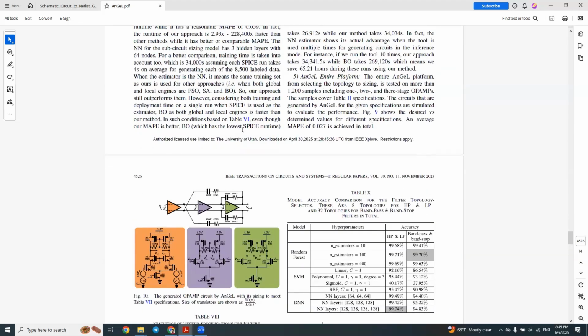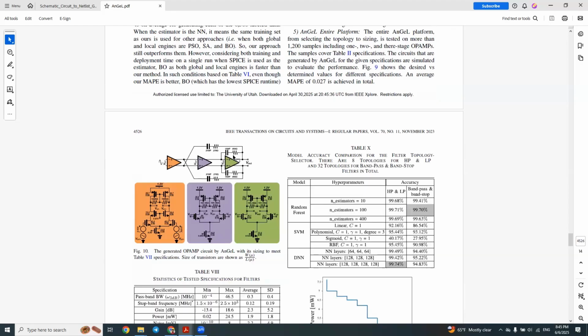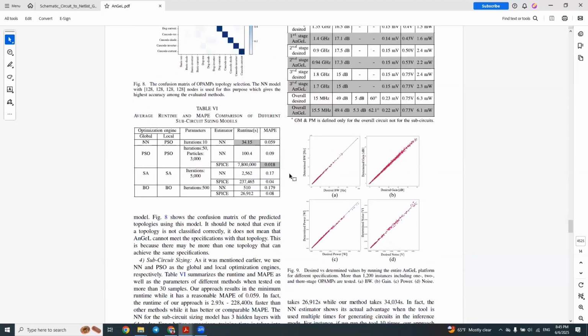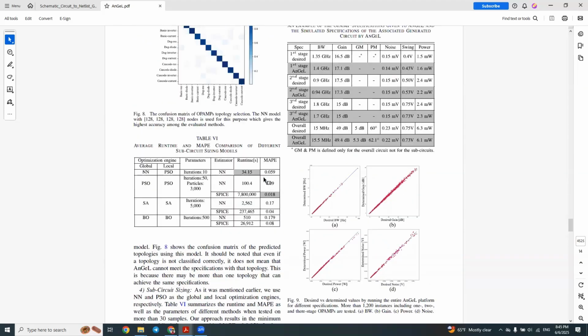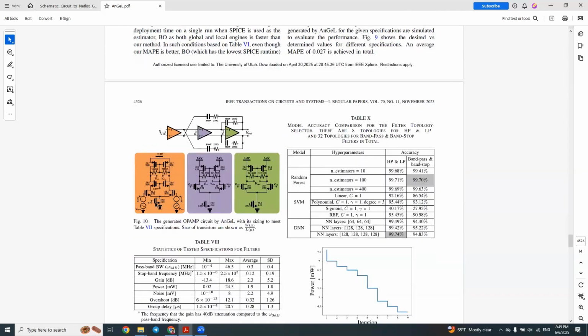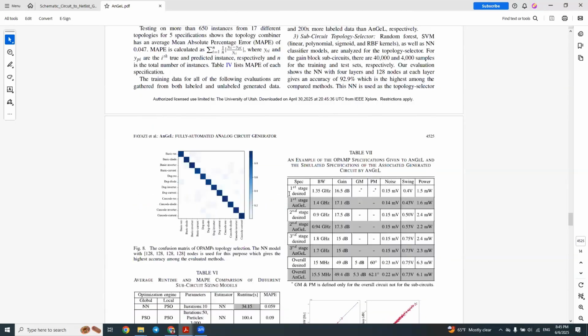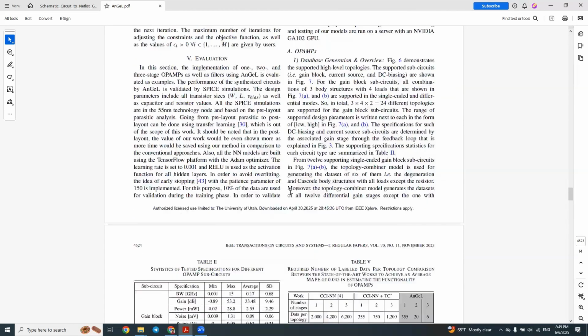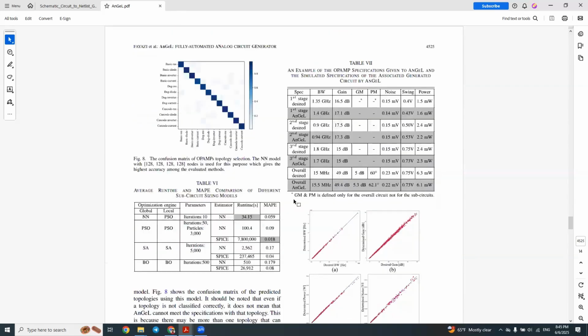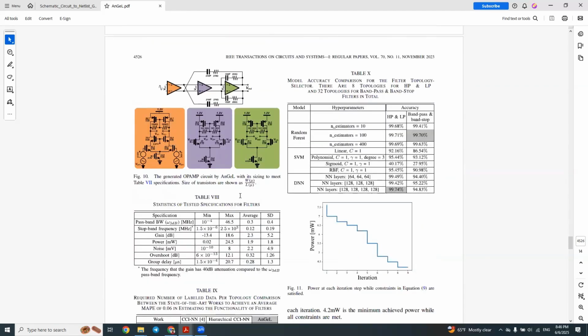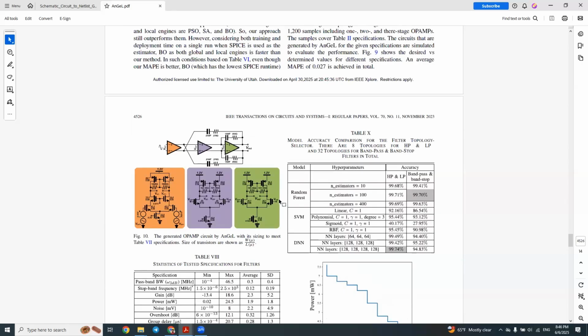It is very, very good also to give one complete example of how your flow, your tool works. Okay, so here, as we saw, Angel had different sections and everything, but I gave one complete example that, if you give these specifications to Angel, this would be the final result.